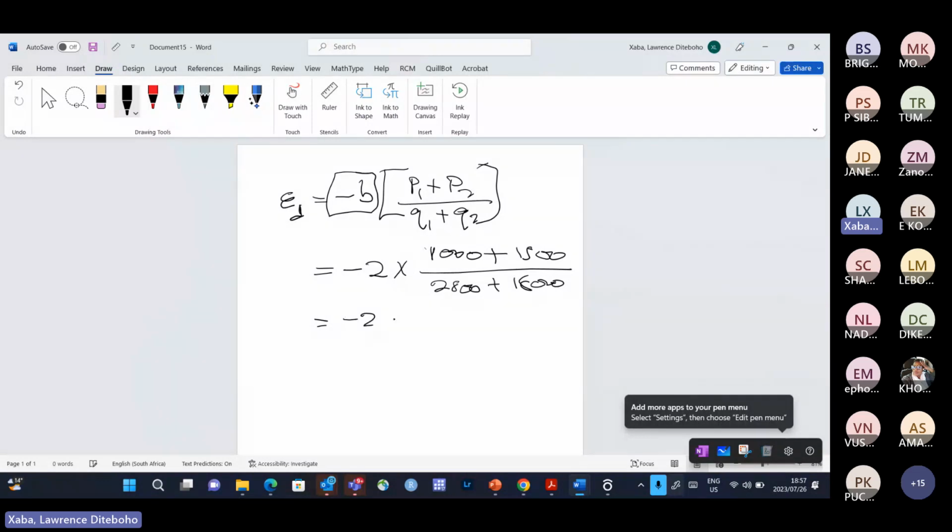So we simplify what we have. We have -2, open bracket, then we simplify this part, and we end up with 0.54, close brackets. Then we multiply, and we end up with -1.08.